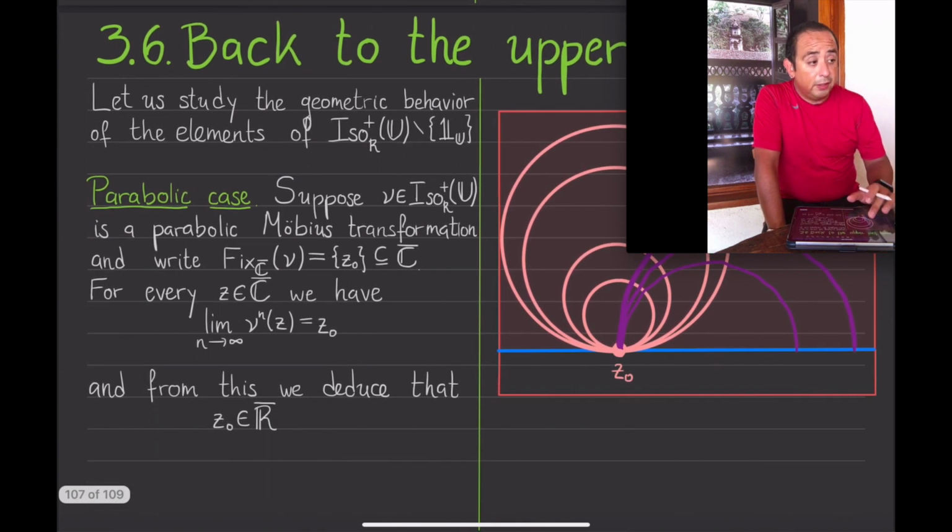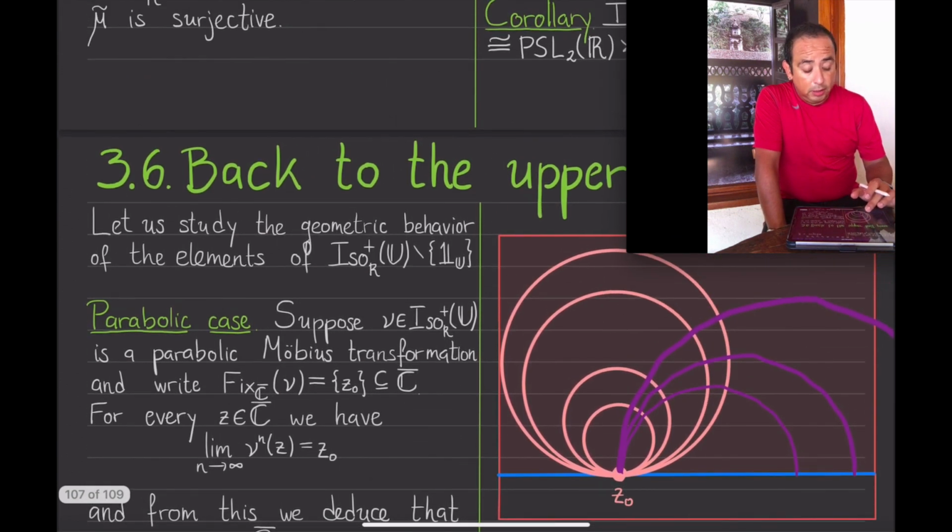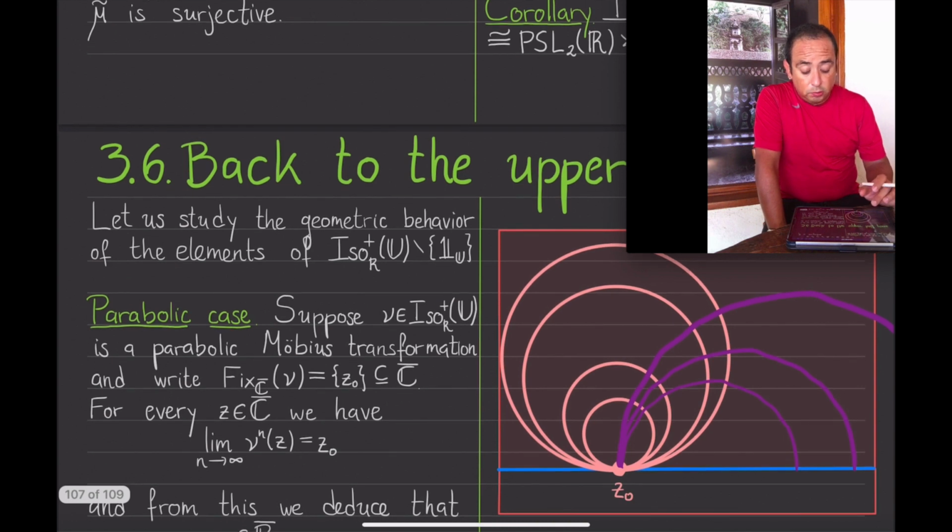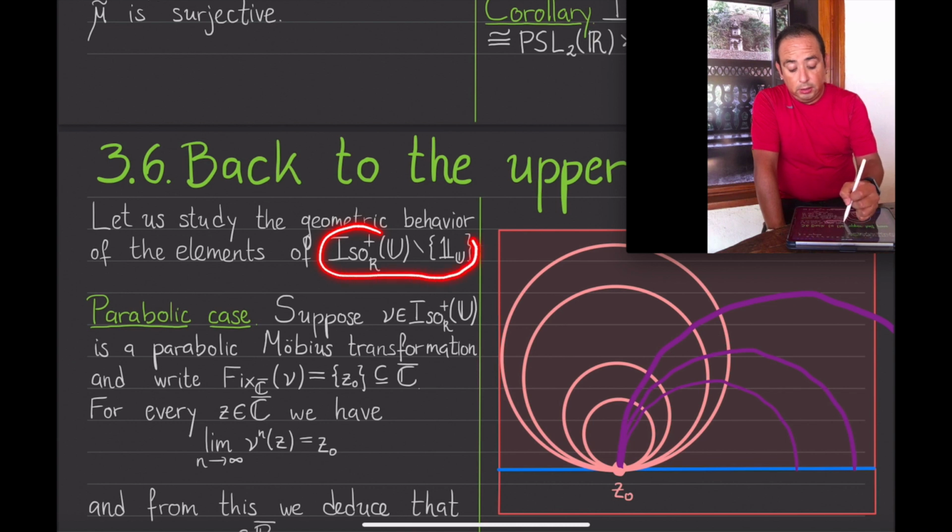As we will see, the main point will be to determine where the fixed point or points of our given Mobius transformation, of our given orientation preserving Riemannian isometry of U, sit.